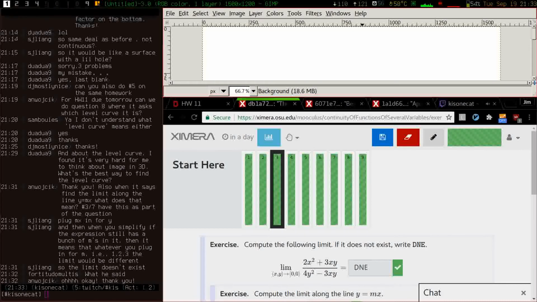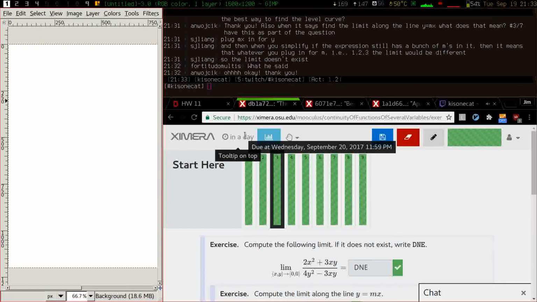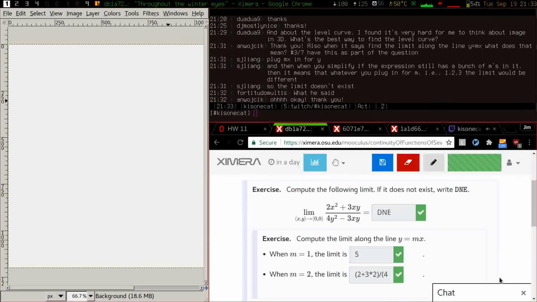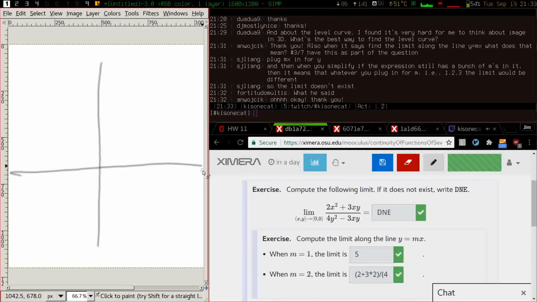If I draw coordinate axes, I can pick this and think of it as the line y equals x, and then this as y equals 2x.